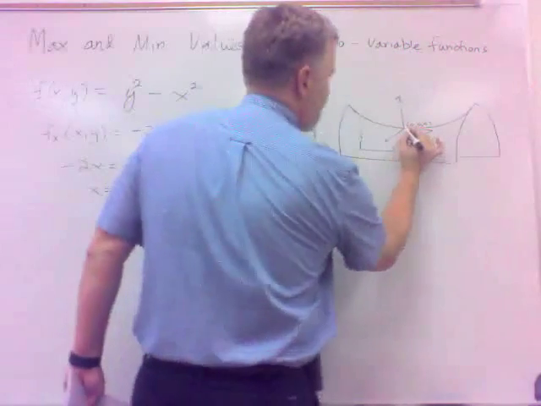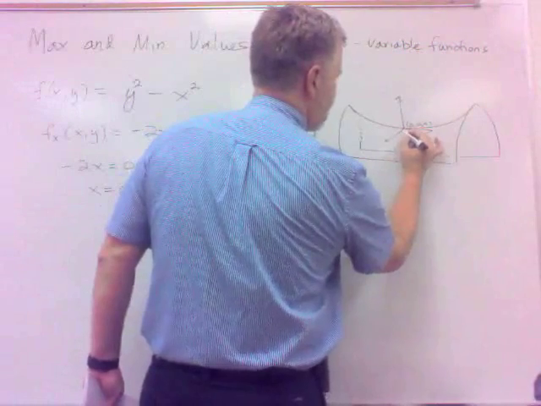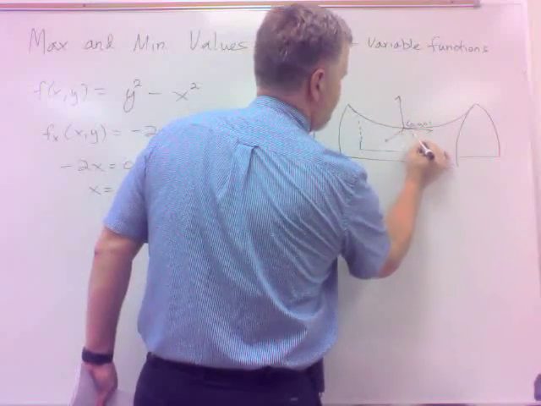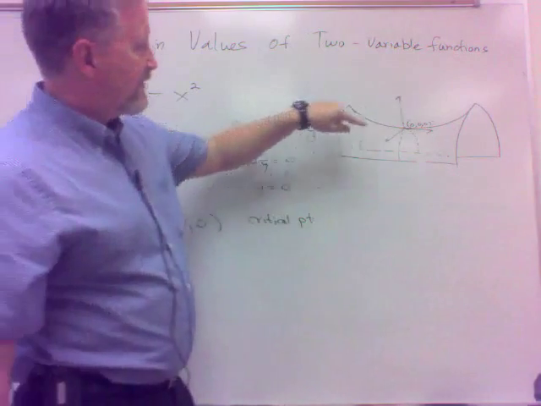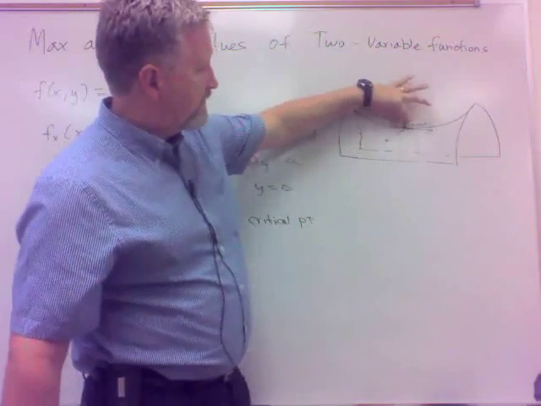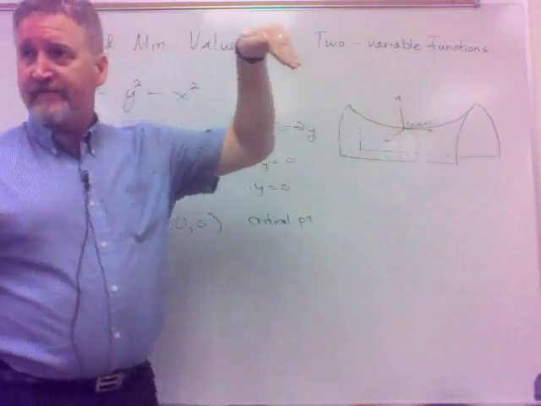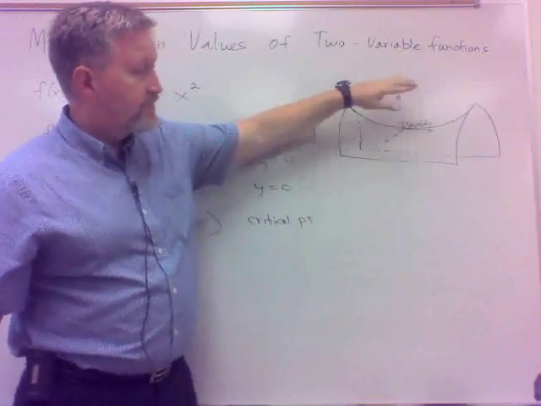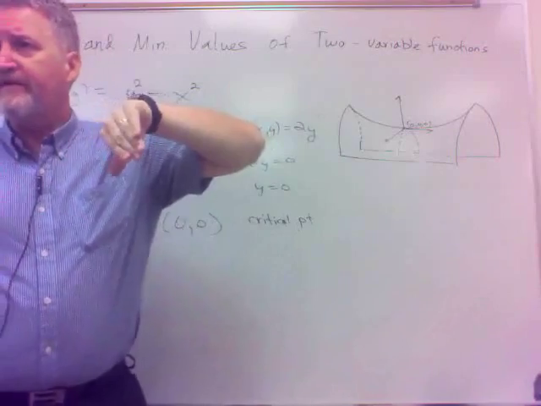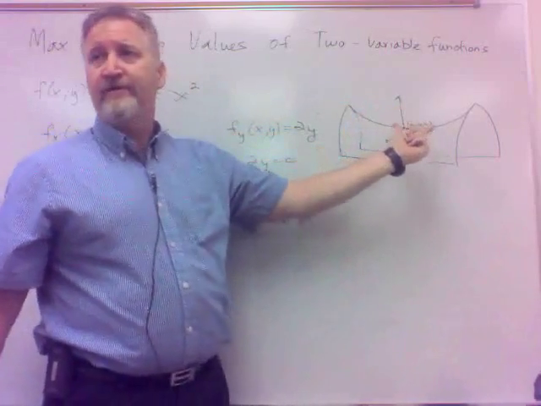And so if I look at that, put some more dotted lines in there, you see, is that a relative max? Well, no, because these points over here, it is bowing up a little bit on either side of the (0, 0, 0) point. So it's not a relative max there because there's points around it that are larger.